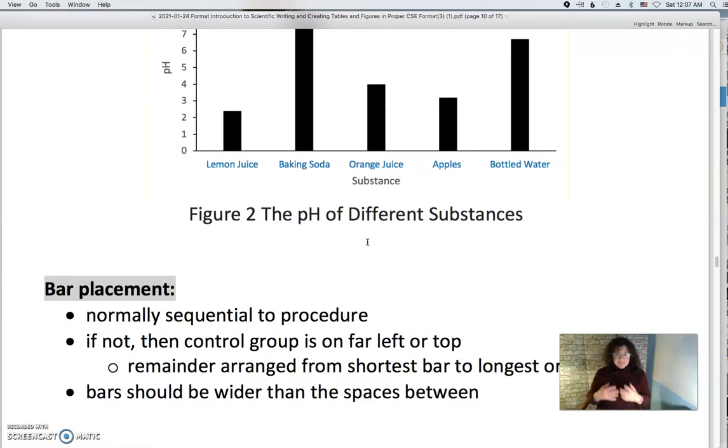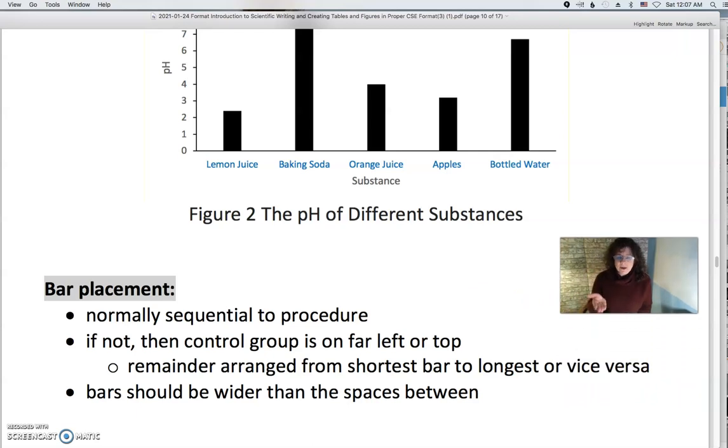Now, placing the bars is an art in itself. Normally, you place the bars sequential to the procedure, which means that in this case, you tested lemon juice first, you tested baking soda second. And normally you work in the procedure's time frame: first thing, second thing, third thing, fourth thing. If you are recording everything at more or less the same time and it doesn't fit into a time frame in the procedure, that can happen.